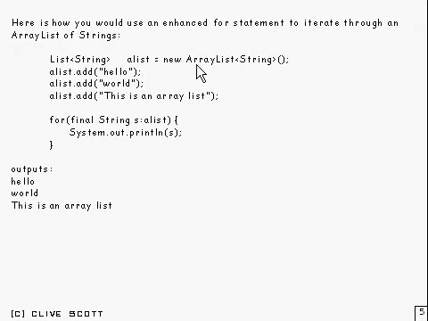List of some particular type is an interface, and this is a concrete class that implements that interface. ArrayList is a particular class which is generic, and you can use it to construct lists of various types, any sort of type you want that you specify there. In this case it's String.